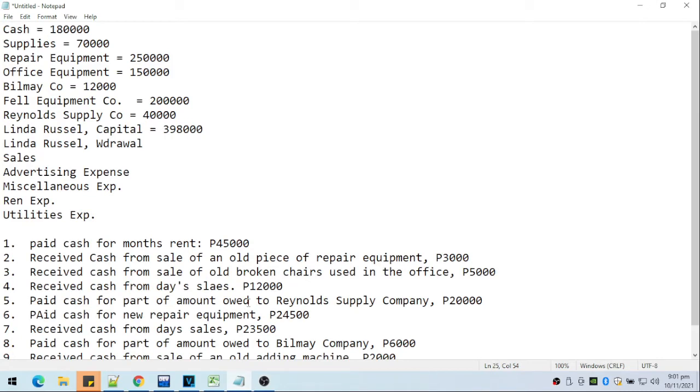Okay, so we'll be analyzing these transactions into their debit and credit parts. But first, let us try to post the initial balances. So for cash, we have 180,000.